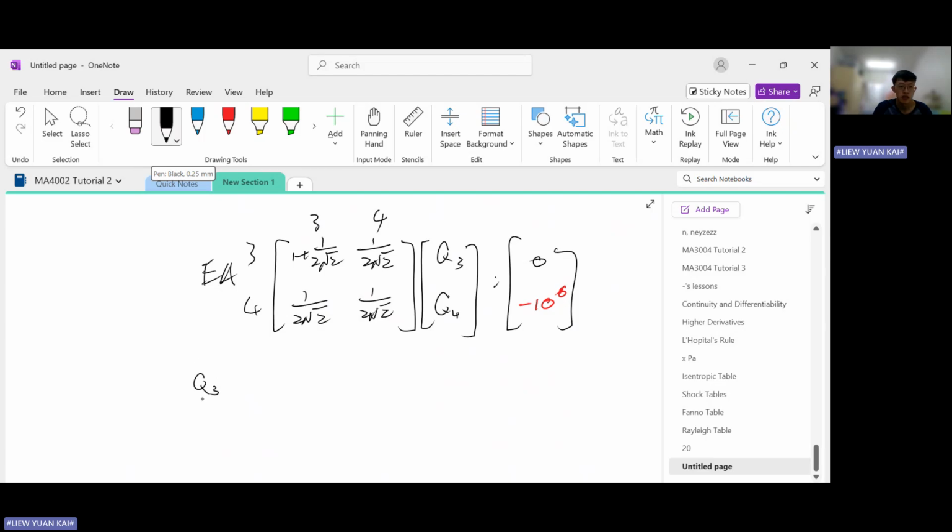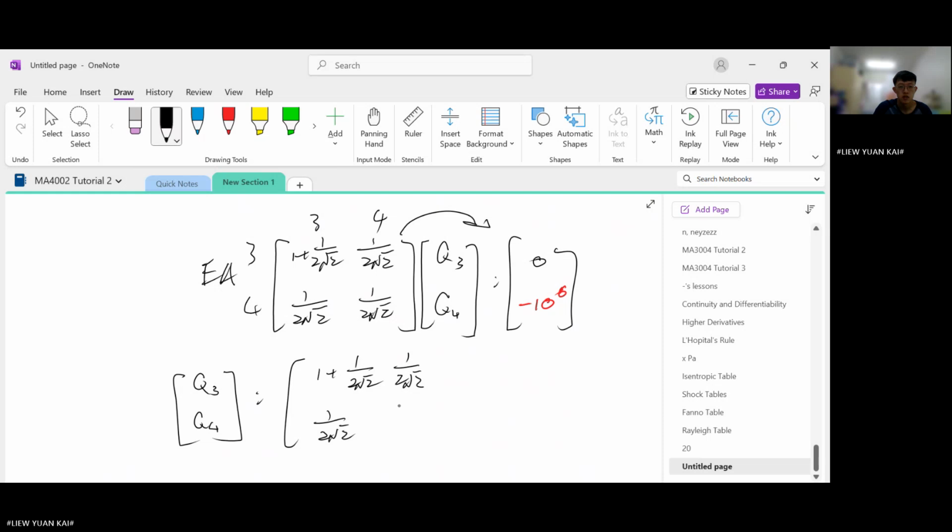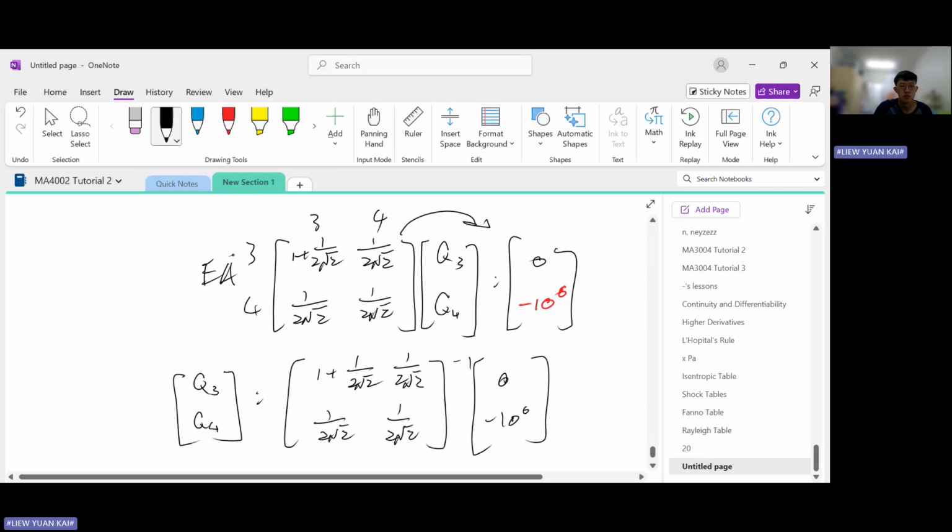Okay? So we can calculate Q3 and Q4. So Q3, Q4 is equal to, okay, if you bring this matrix to the other side, right? And then you don't forget to bring this factor to the other side, so it becomes 1 over EA.